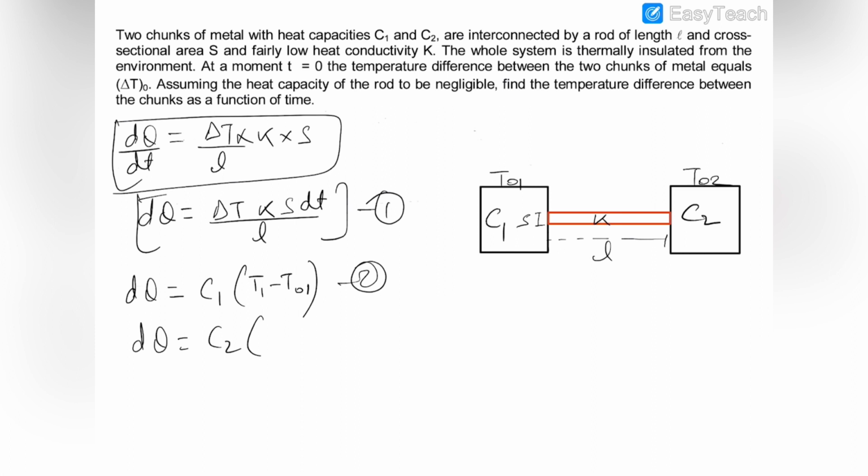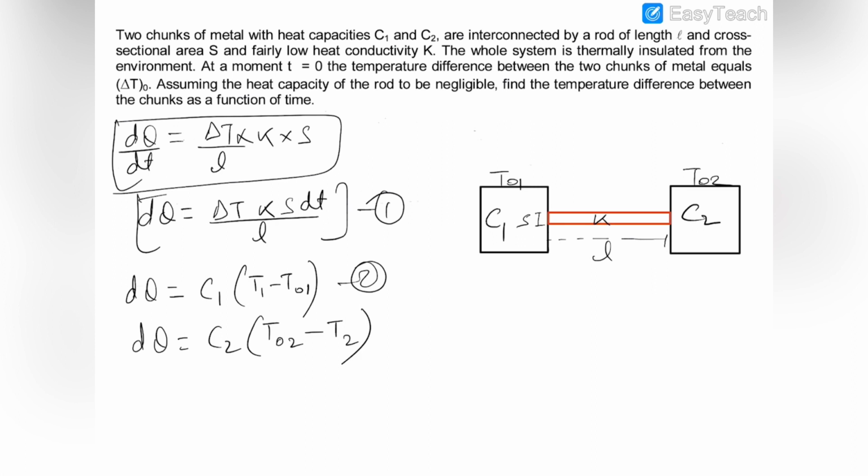we have assumed that the temperature of this chunk is increased. So we have assumed that its final temperature T1 is greater than its initial temperature. So heat is being transferred from this one to this one. Okay, so the temperature of this chunk would have decreased. So its change in temperature will be T02 minus T2.